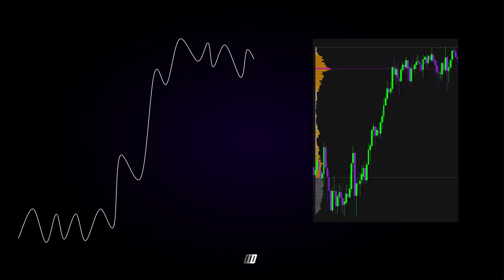Then you're going to find situations where you have the market starting from a situation of balance, okay, and then pumping up. And you'll see high volume during the breakout, maybe a pullback. That's a great idea. And if you want to take a breakout trade, this is a good idea.